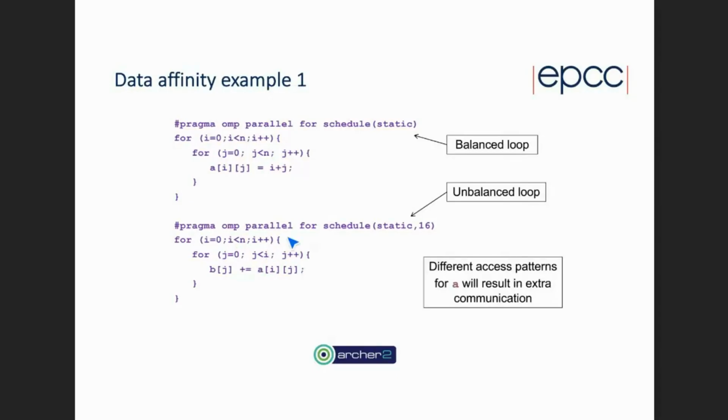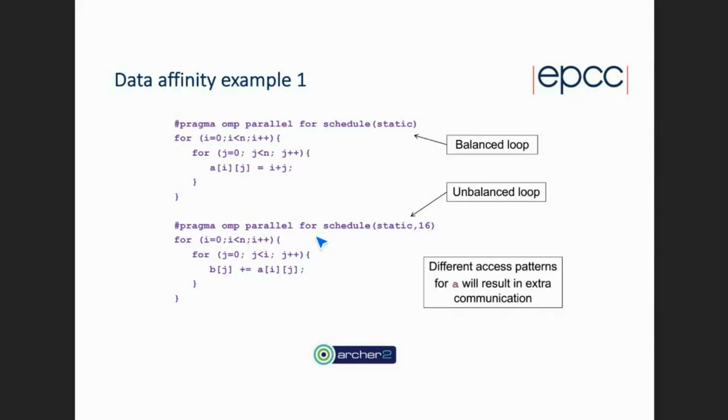So this is a triangular loop nest. If we want to parallelize the outer loop with a parallel for directive, that would not naturally be well balanced, because the larger the value of i, the more work there is in the j loop.